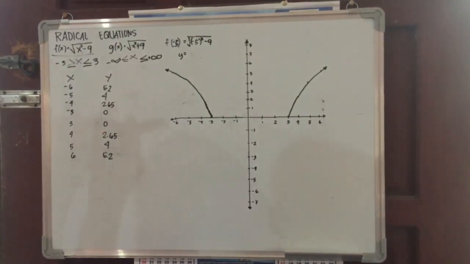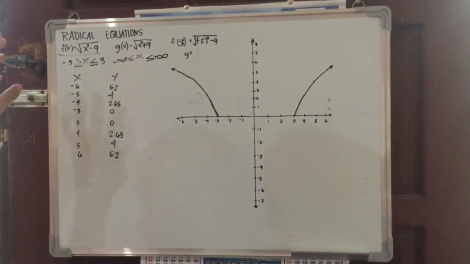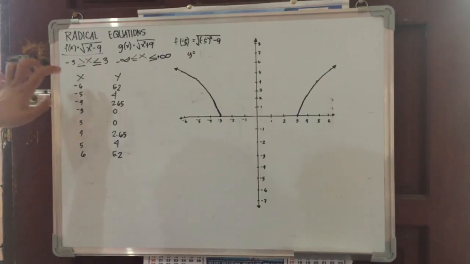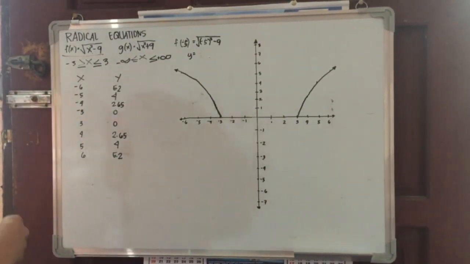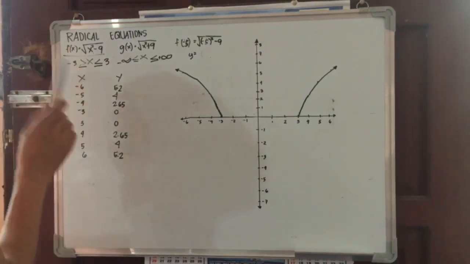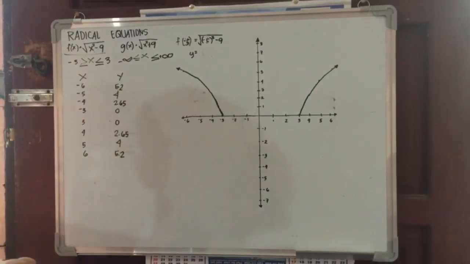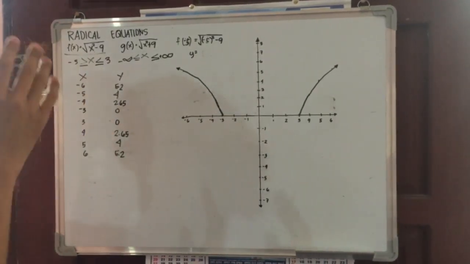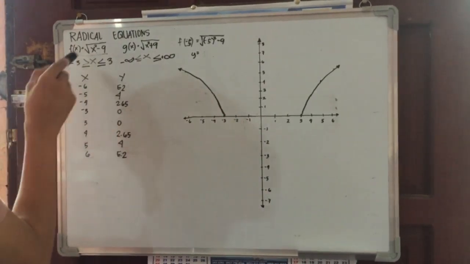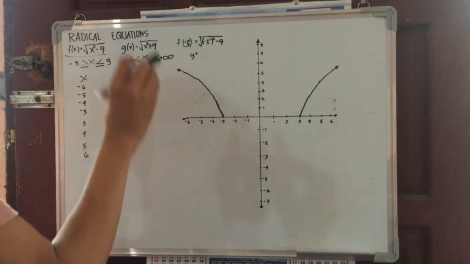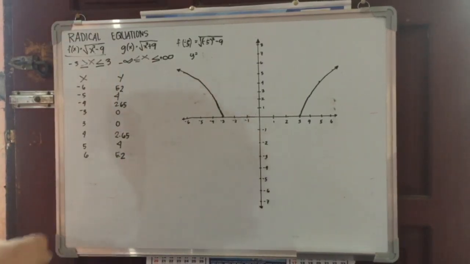Remember that you can choose whatever value of x you want to plug in, as long as it is equal to or less than negative 3 or equal to or greater than positive 3.